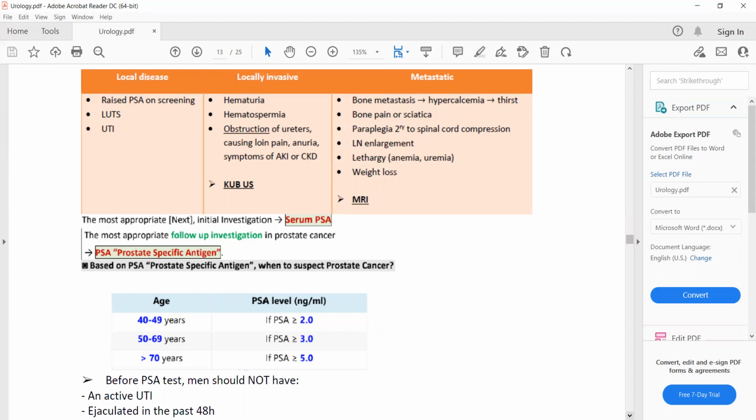For a patient between 40 to 49 years, if PSA levels are 2 or more than 2, then we will consider it as raised. For a patient with age between 50 to 69, a PSA level of 3 or more than 3, and for patients above 70 years, a PSA level of 5 or more than 5 is considered abnormal.